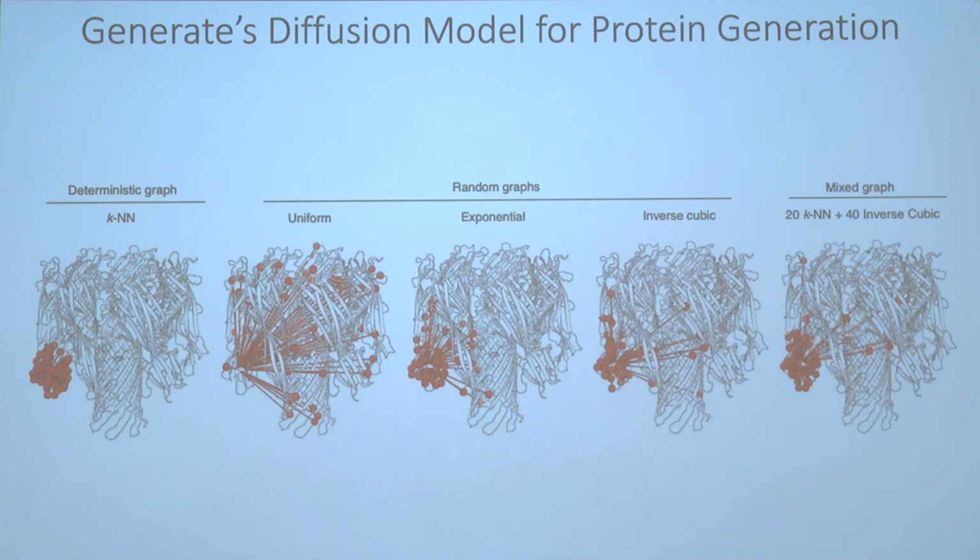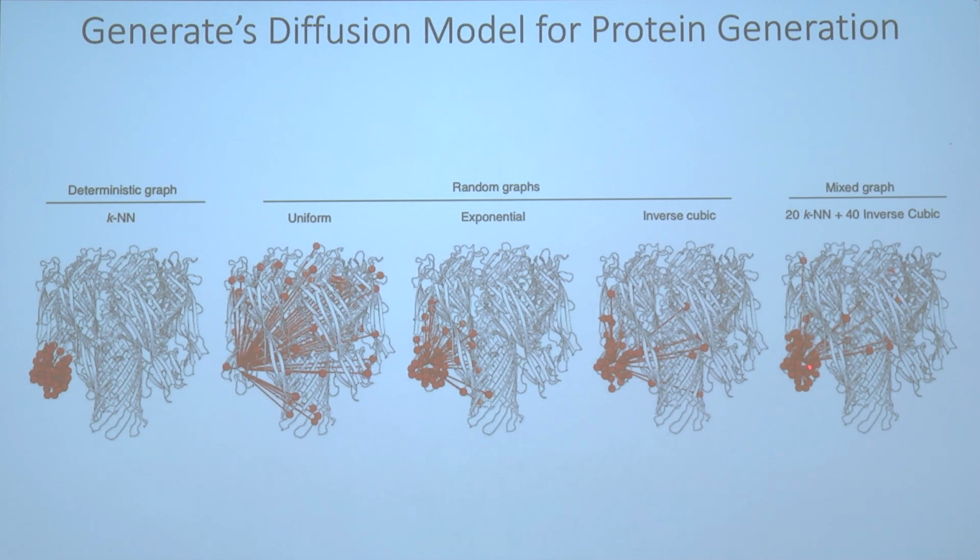And so what they did was they optimized on this neighborhood-based graph so that they could make their graph more informative to both structural and design related loss.